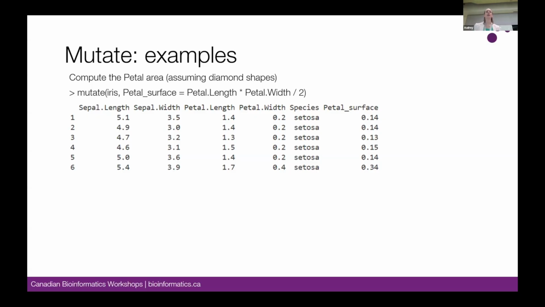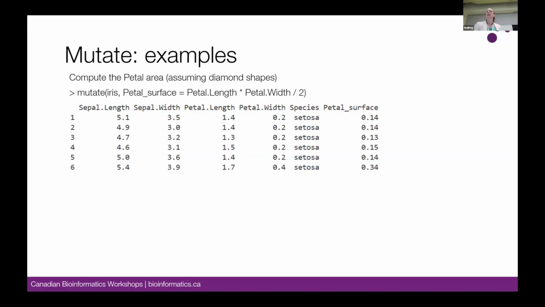So in this case, if I want to create a petal surface, assuming that my petal is rectangular in shape, or triangle rather, I can multiply the length with the width and then divide it by 2. It would also work if the petal is diamond shaped. And then I want to create a new column with this value, then I can use mutate for that.